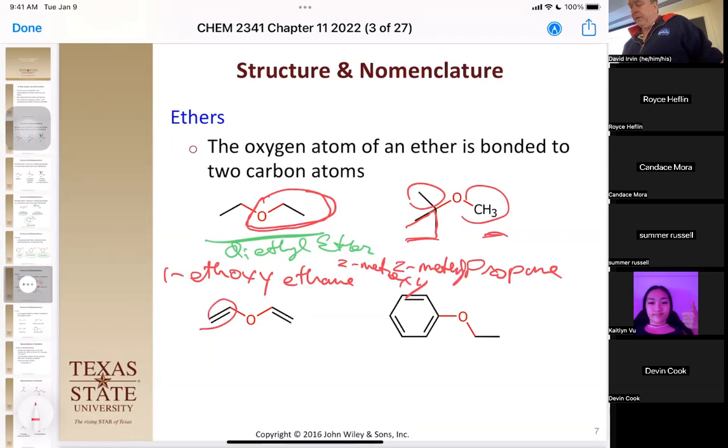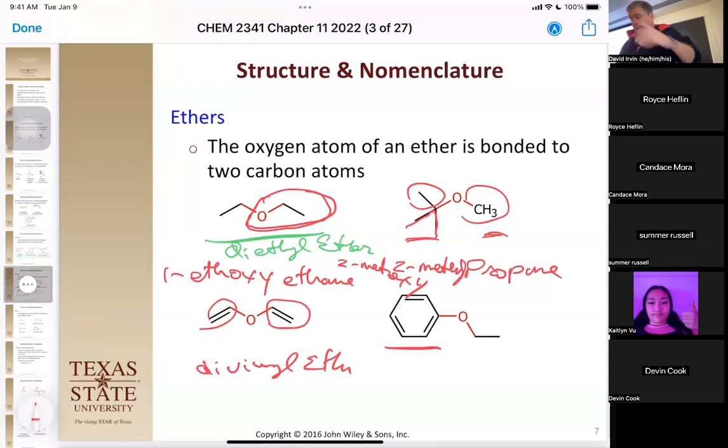Now, if you have 2 vinyl groups like this, that'd be ethene, so that would be ethene-oxy-ethene, or divinyl ether. And then here, if phenol is always a group, we're either going to have to choose this side or this side.